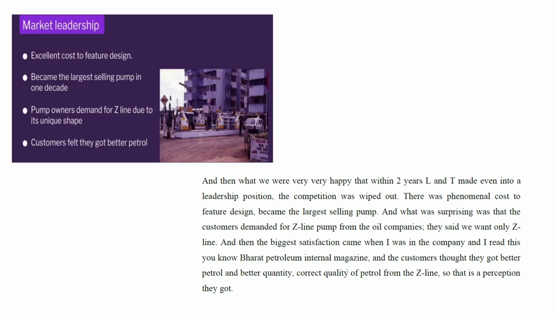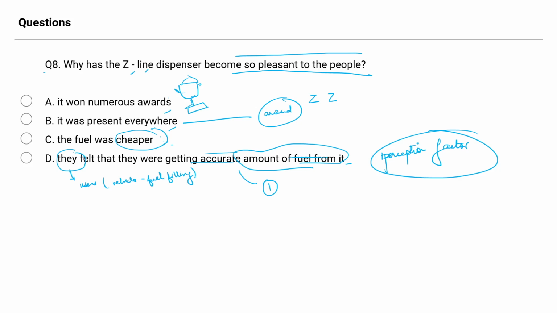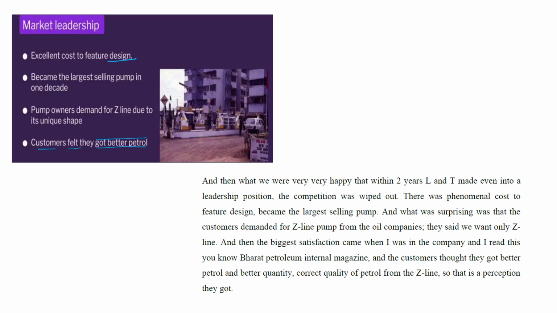All right, let's take the reference and we'll be able to understand. It says clearly customers felt that they got better petrol. So it's more like getting accurate amount of fuel.